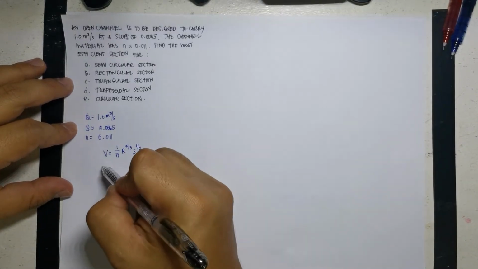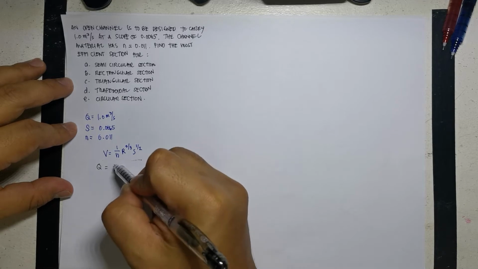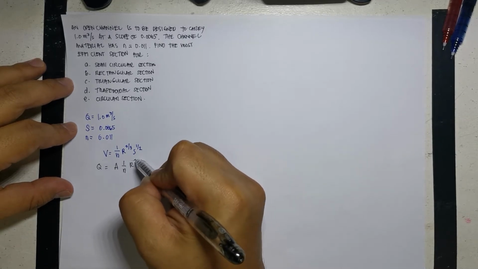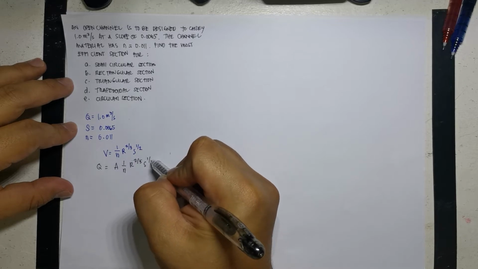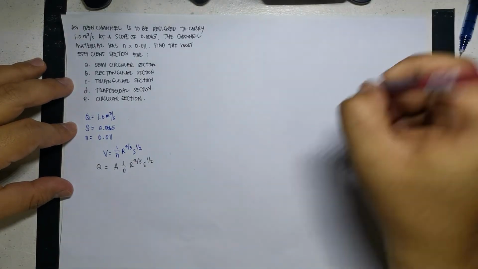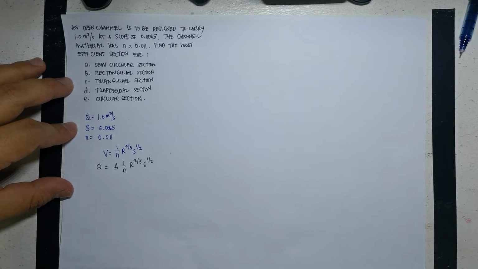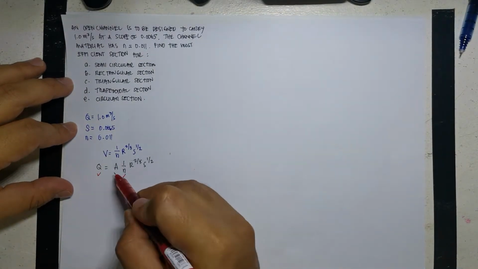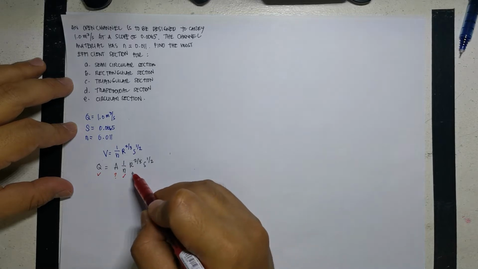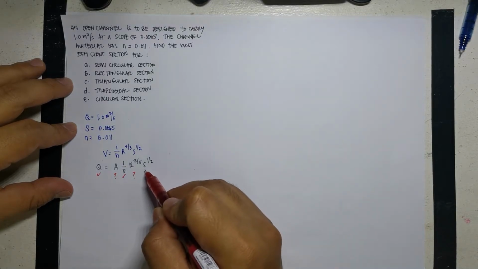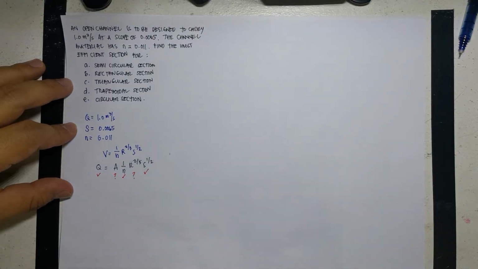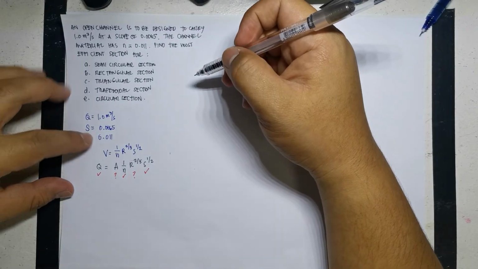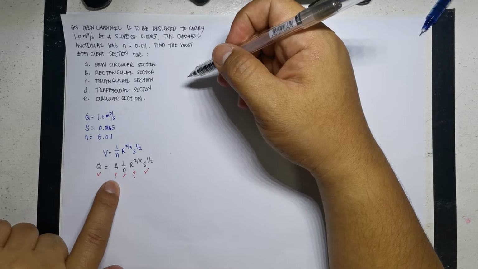So Q will be equal to area of flow, 1 over N, R raised to 2/3, S raised to 1/2. So ano yung meron tayo? So meron tayong Q, meron tayong N, wala tayong A, wala tayong R, meron tayong S. Okay? So ang pinakauna na kailangan natin i-solve in this case will be A.